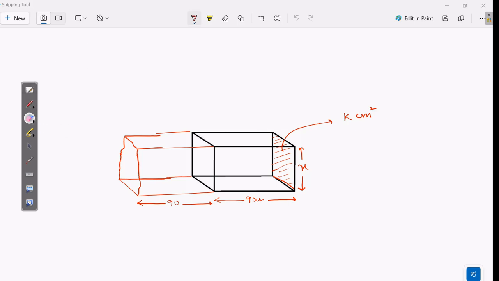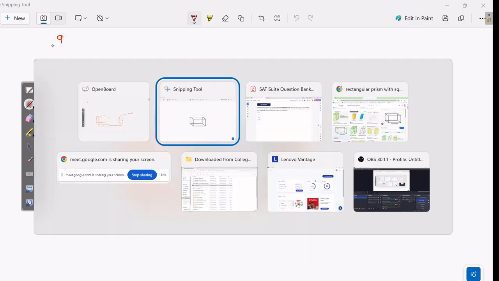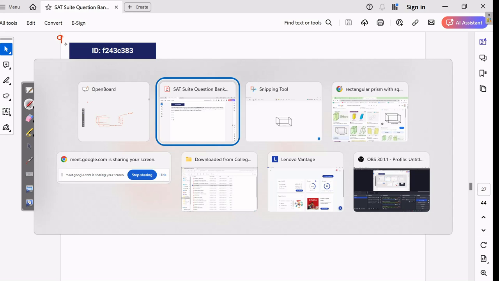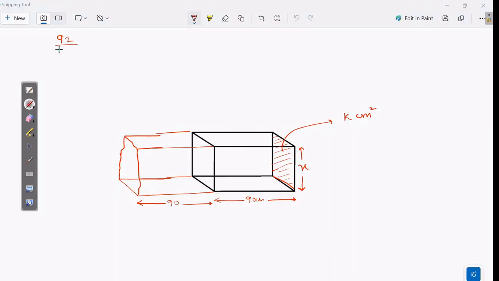Now, first, let's try to use the information that the area of the resulting prism was 92 over 47 times k centimeter square. Let's try to find out the area of this entire prism, Anika.